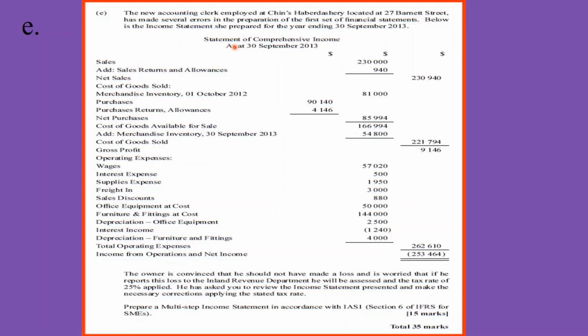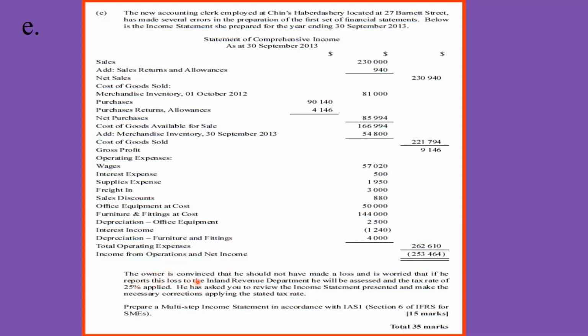Alright, so we have here a statement of comprehensive income, and we are told that it is incorrect. It contains several errors. So our approach to it should be to go through and see what the errors are first, and then we will know how to correct it.